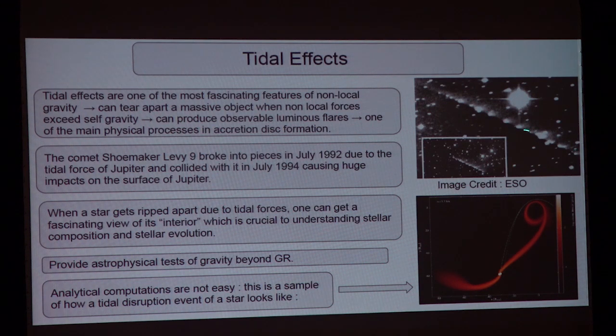You can see this whole line of small objects, which is actually a part of the big object, the comet Shoemaker-Levy, torn apart by the tidal force of Jupiter. They went and hit Jupiter and produced huge impacts on its surface, which were very well documented by the then available technologies, and this is a very well-known example of what a tidal effect can do to a stellar object.